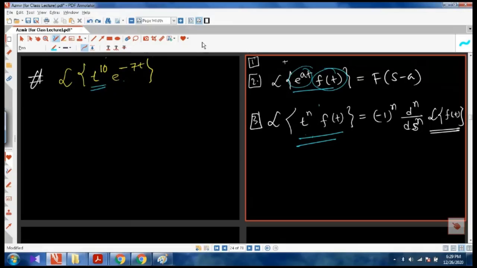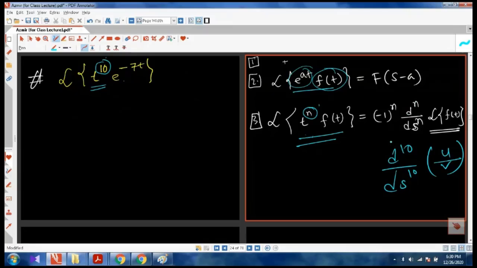With property 3, n is 10, so d10 by ds10. That means you have to differentiate 10 times, the first time, second time, third time, up to 10 times. So this will be time consuming.